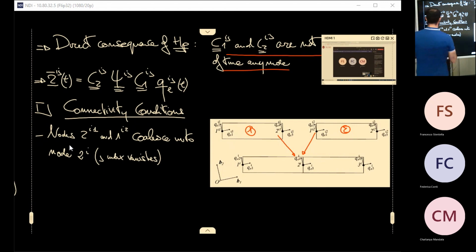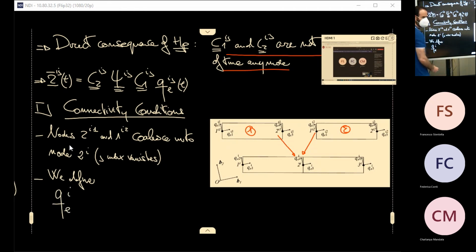So you define the vector of nodal coordinates. So we define Q E I. Please note the difference between Q E I and Q E I J. So this here is not the same as here.